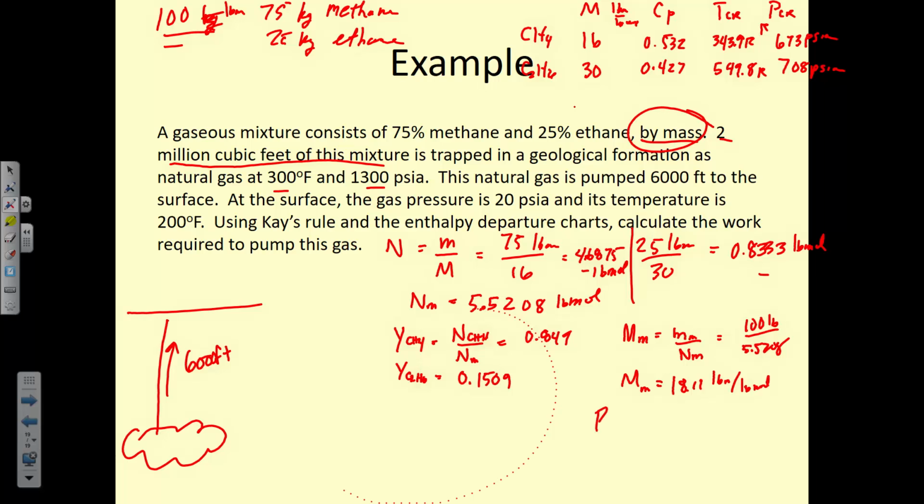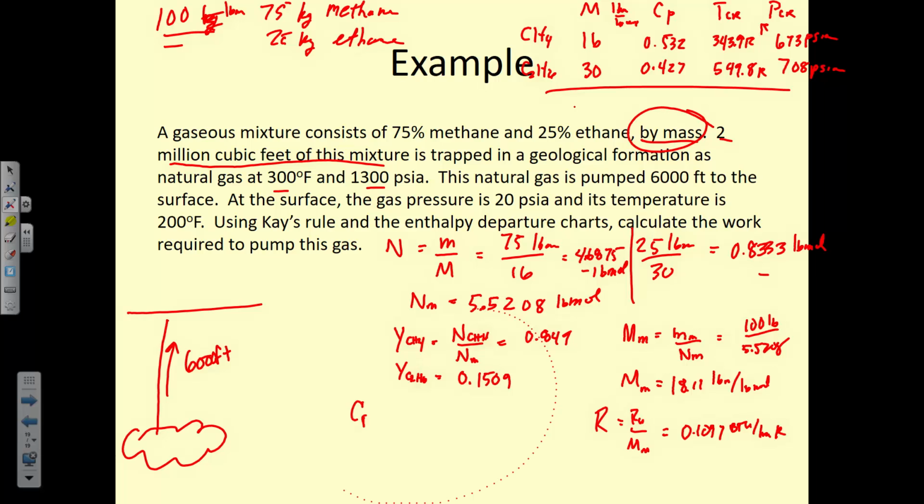And then we find an R value, which is RU over M sub M, 0.1097 BTUs per pound mass Rankine. Okay, so we did all of that without even doing any equations. We just looked up these things and calculated our number of moles, total number of moles, mole fractions, molar mass, and our gas constant.